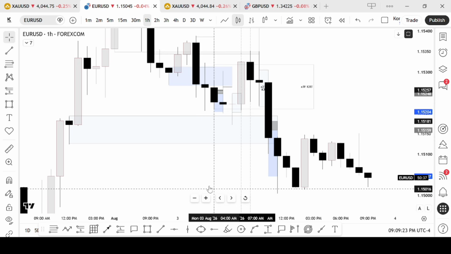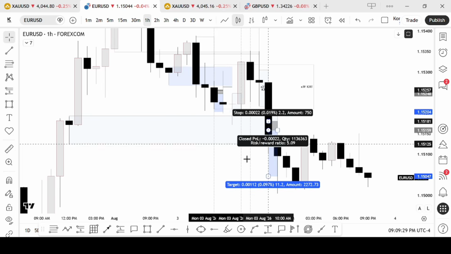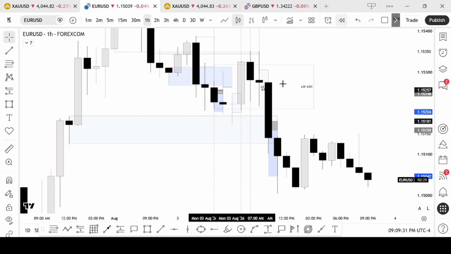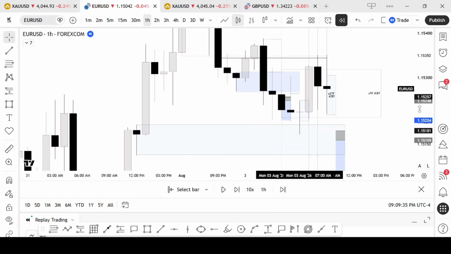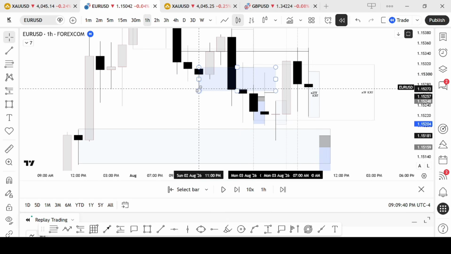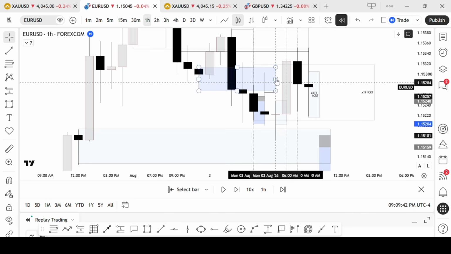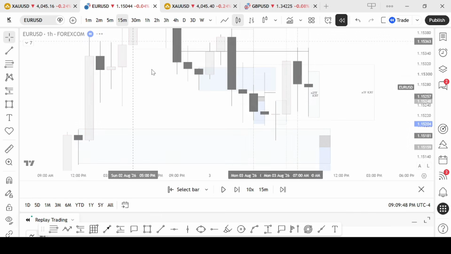All right, and this is before this formed. Maybe I should cut this out so that you see it. This is the ICRT, the top right there. We can go to a correlating time frame.